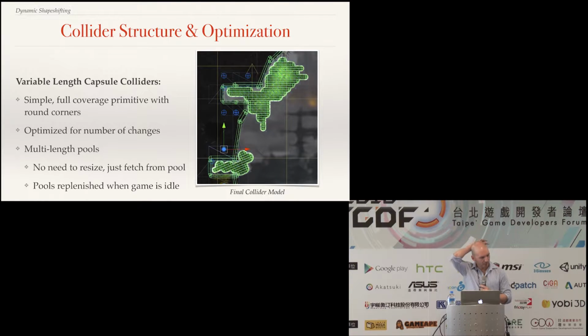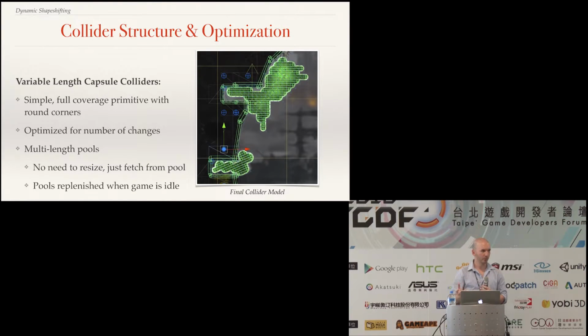What I ended up doing is not only do I use pools for all the colliders, I have pools for every individual length of capsules, from one cell, which is a sphere really, 2, 3, 4, and all the way to, I don't know, 20.